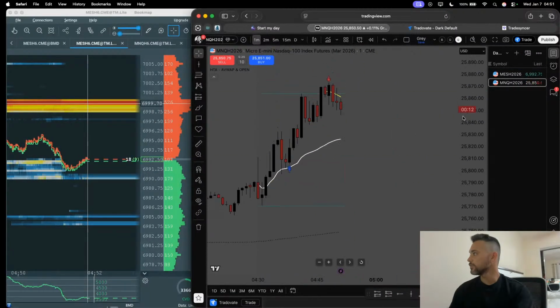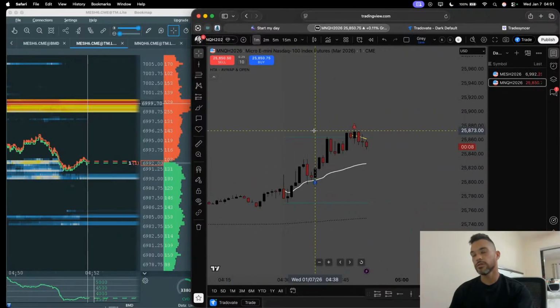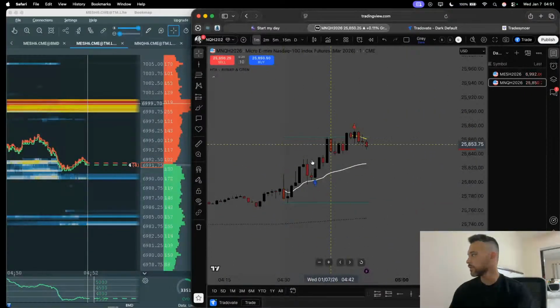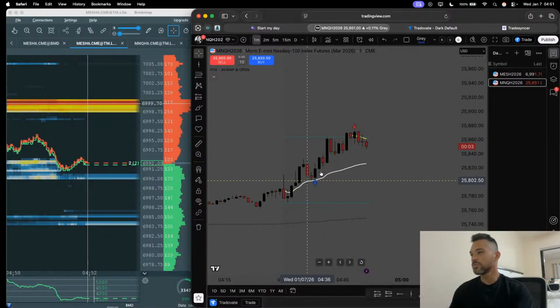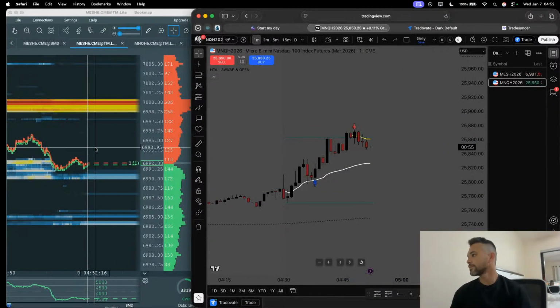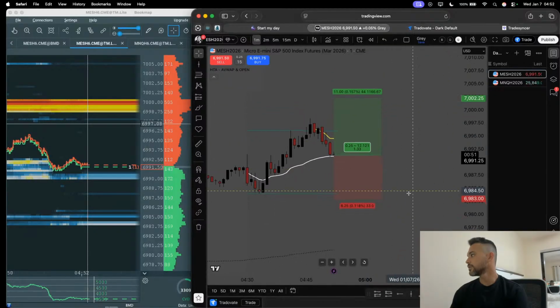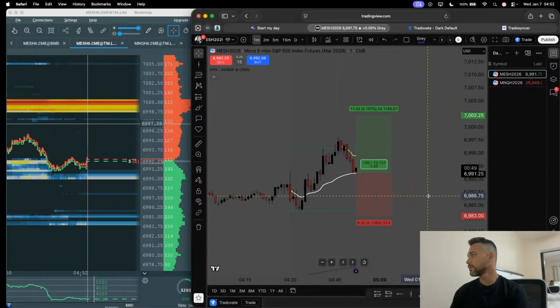MNQ and MES are moving coherently together, cohesive. They're moving smoothly together in the same direction. That's what I like to see. Nice orders here.